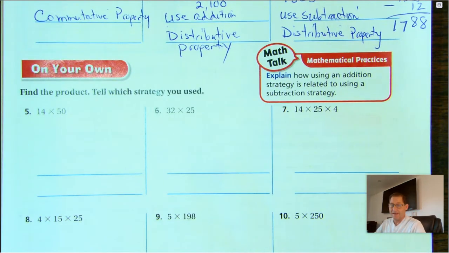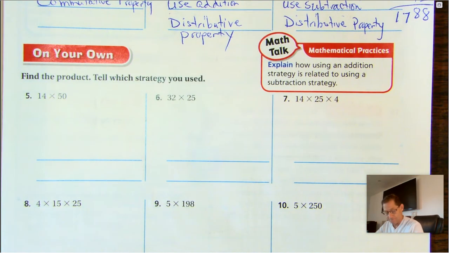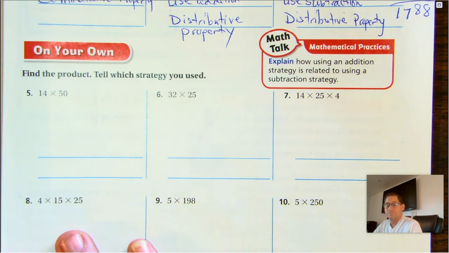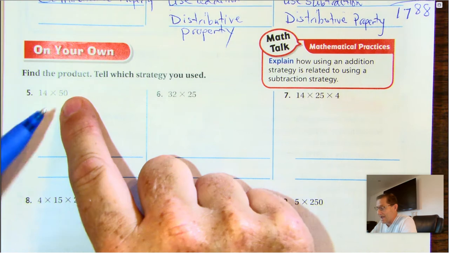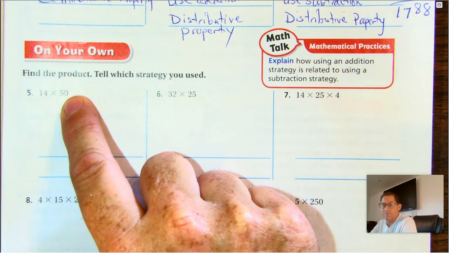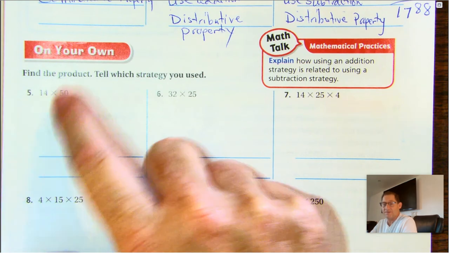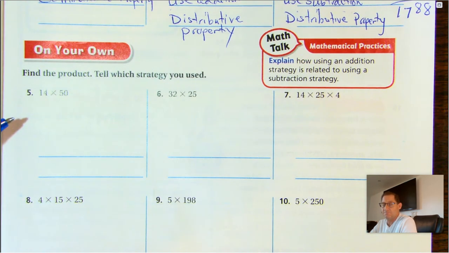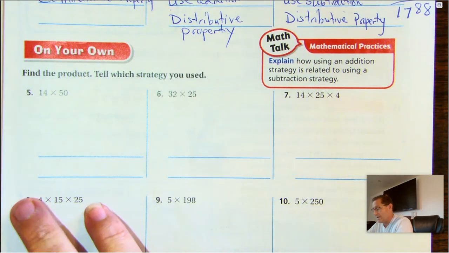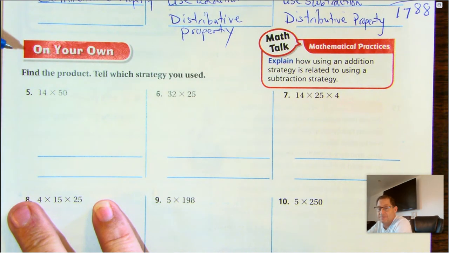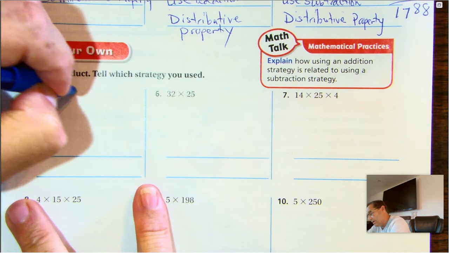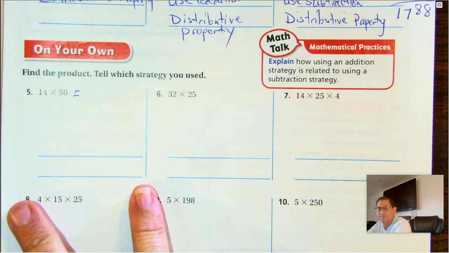Number 5, again, this is not just one way to solve these. For instance, I could use the distributive property on this problem. I could say 50 times 7 plus 50 times 7. I'm not going to do that, but I could. I'm going to use the half and double method. So what I'm going to do is take half of 14.